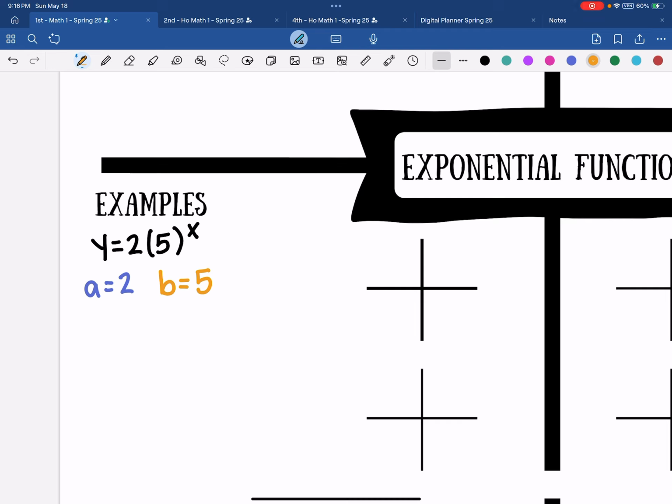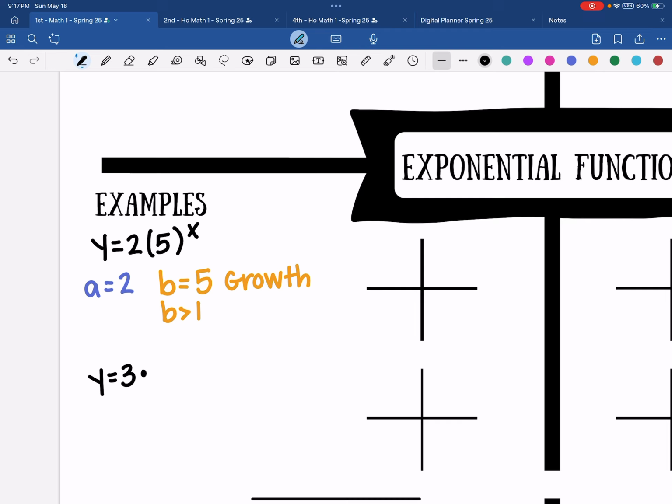Because my base is greater than 1, I can say that this represents growth. I know that this is going to grow because my numbers are being multiplied by 5. The same situation can happen if it's decay. We just have to be able to look at it and see that it's less than 1.